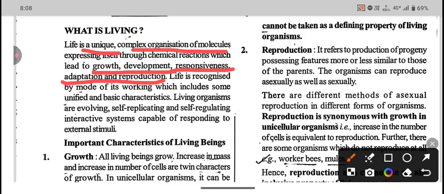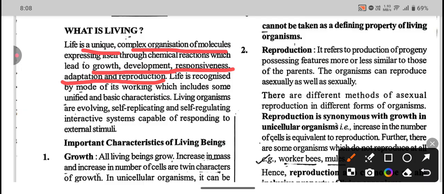So if an organism is living, it must show growth and development, responsiveness towards the environment, adaptations to survive on this earth, and reproduction capability to extend its generation.